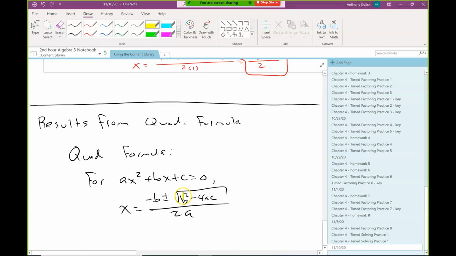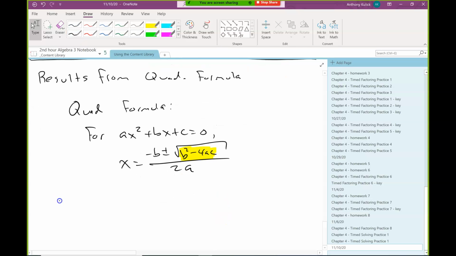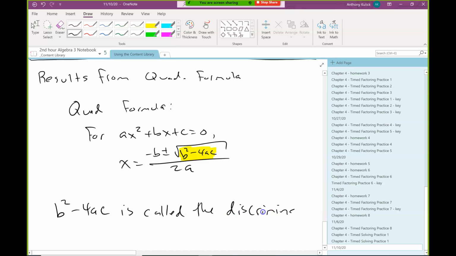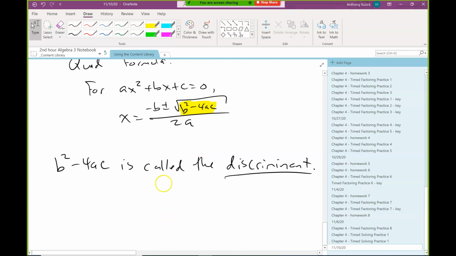And specifically, the part that we're going to be talking about today is this piece right here that's called the discriminant. And the discriminant can tell us a couple of things other than just acting as part of our formula.